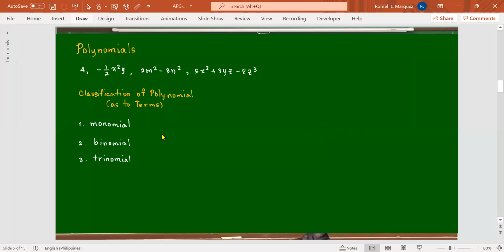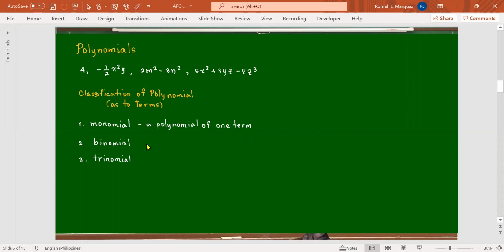So we say that a monomial is a polynomial of 1 term. Can be similar, can be distinct. Pero yung other book, polynomial of 1 term, distinct, at saka walang kapareho, no? Polynomial of 1 term.